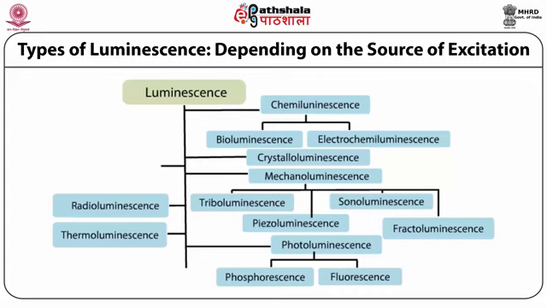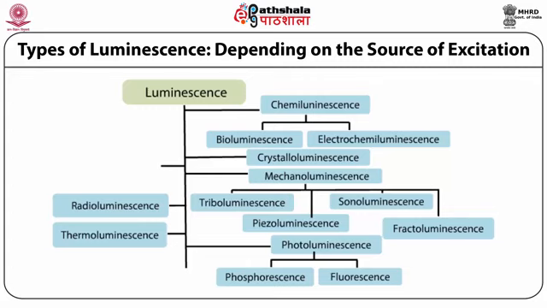Another type is crystalloluminescence, which is a result of the crystallization process. Electroluminescence is a result of electric current passing through a material, and it includes cathodoluminescence, where the luminescence is produced when the luminescent material is struck by electrons.